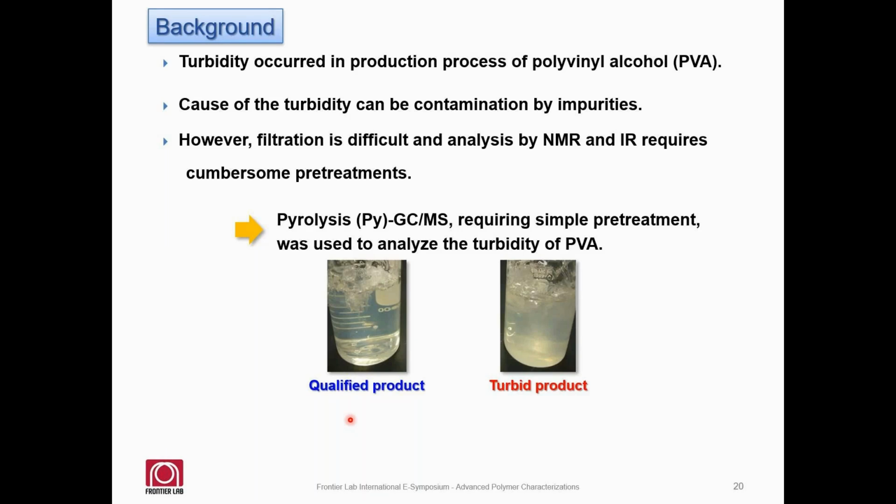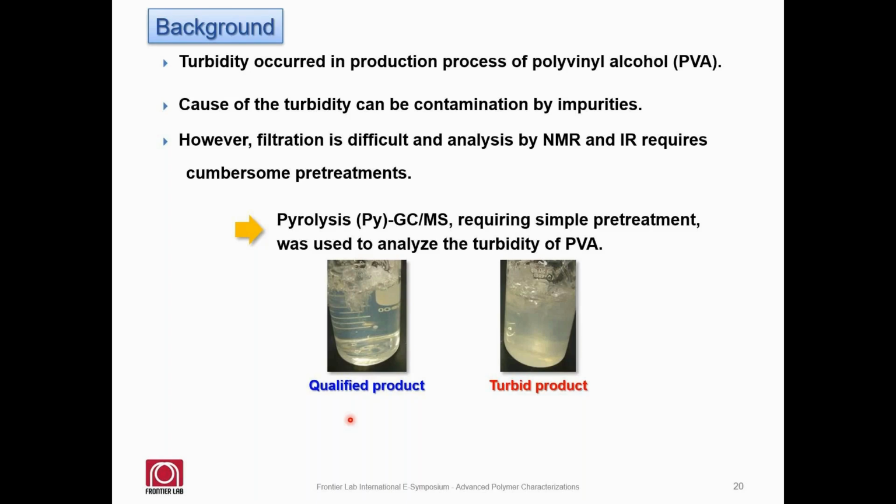Also, for NMR and IR, pre-treatments need to be done, which are a little hassle, whereas PYGCMS is a very simple technique where no cumbersome pretreatment is required. Simply introduce your sample to the eco cup and then perform your PYGCMS analysis.